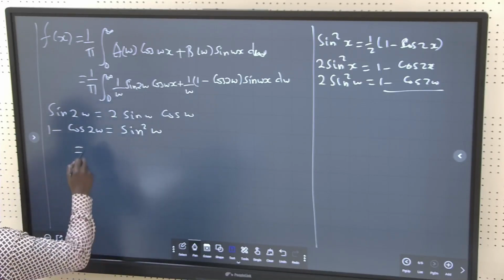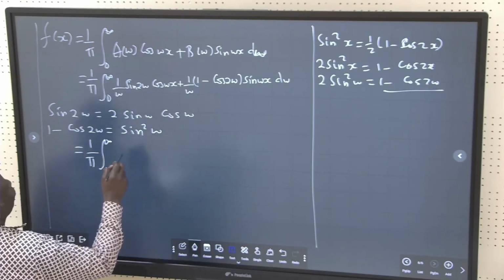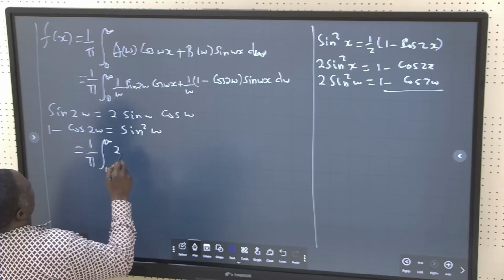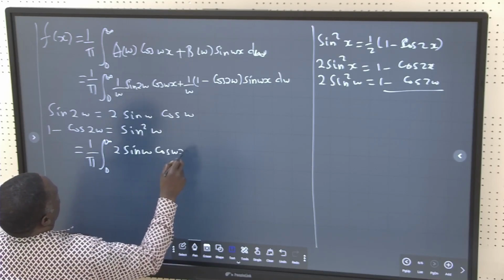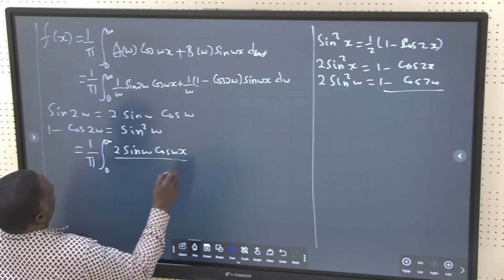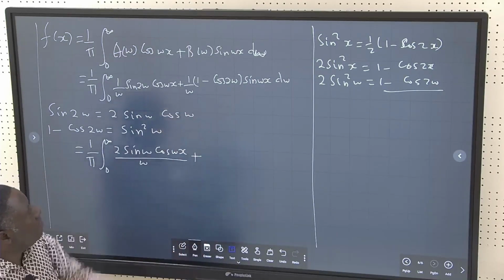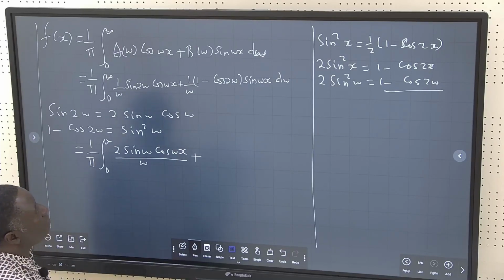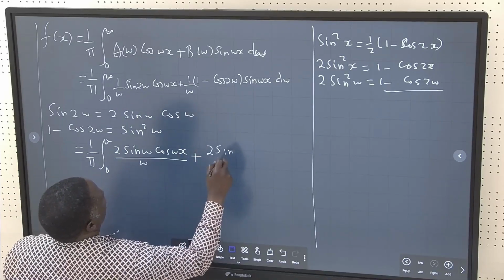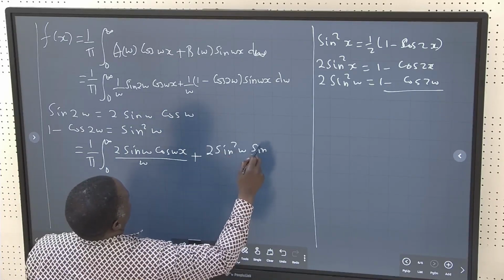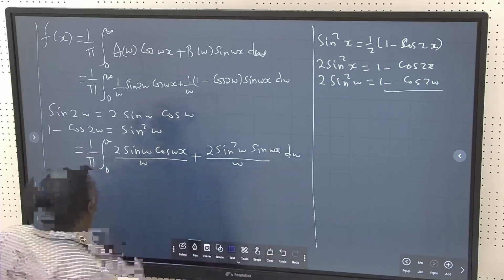Okay, now substituting there, we have 1 over pi, integral from 0 to infinity, sine 2ω over ω, which is 2 sine ω cosine ω x over ω, plus 1 minus cosine 2ω, which is 2 sine squared ω, sine ωx over ω, with respect to ω.